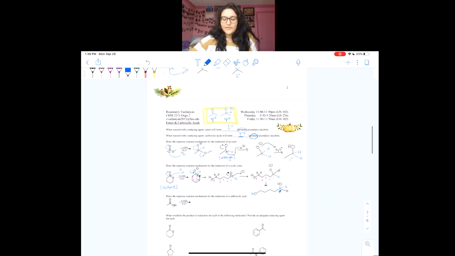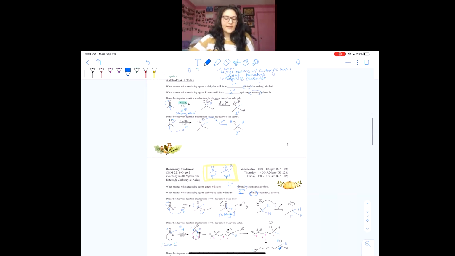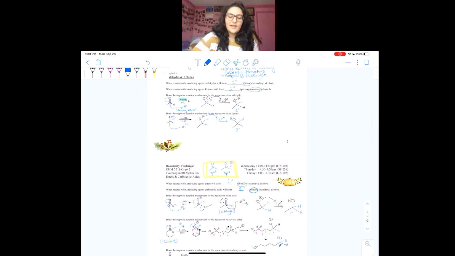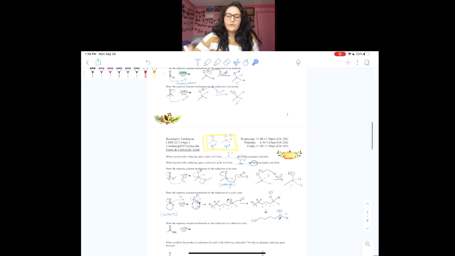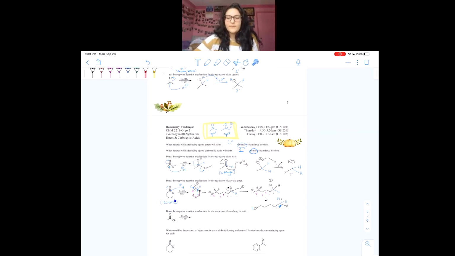So, in summary, just to recap, if you react an aldehyde with a reducing agent, you get a primary alcohol. If you reduce a ketone with a reducing agent, you get a secondary alcohol. In group 2, no matter what carboxylic acid derivative you reduce, you will get a primary alcohol.